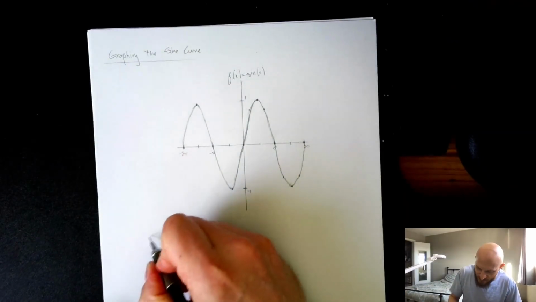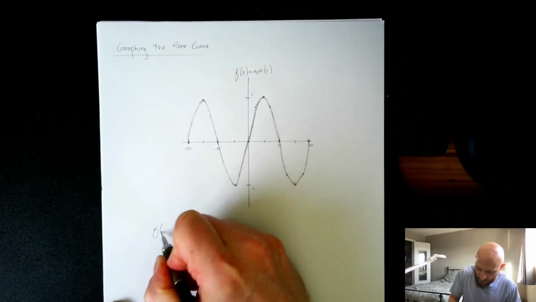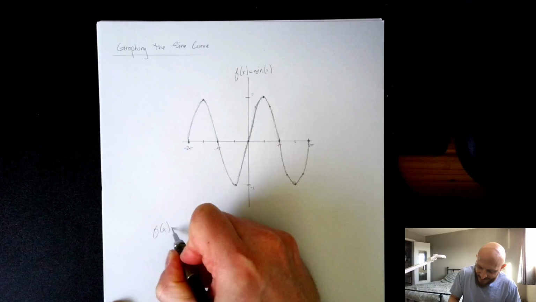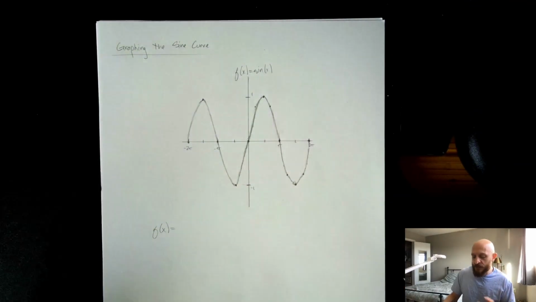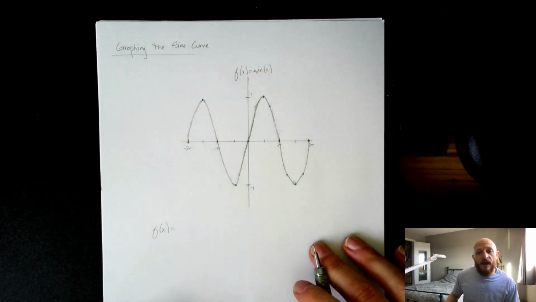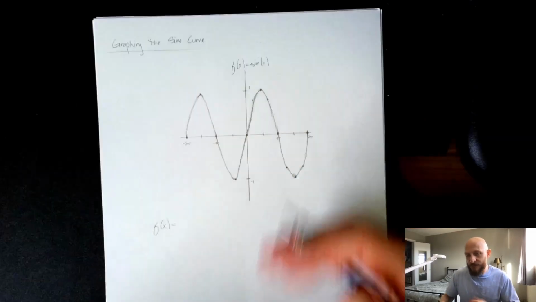So the generic form of sine, and this is going to be the exact same thing for cosine, tangent, cosecant, secant, is the way that I write it. You'll find it different in different books, but I think that this is the easiest form, at least for me.